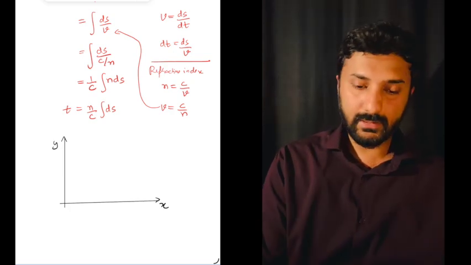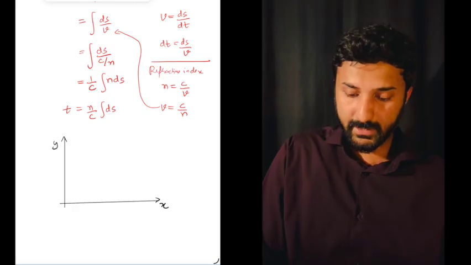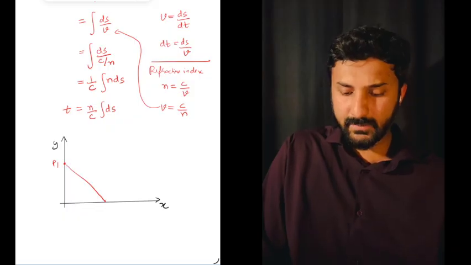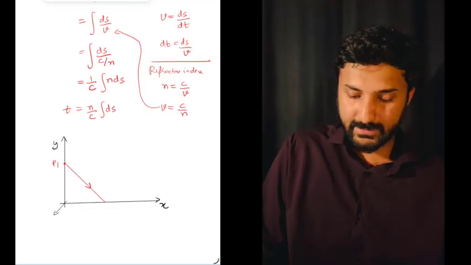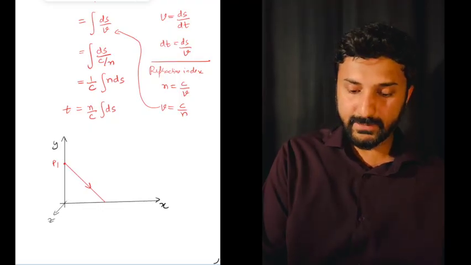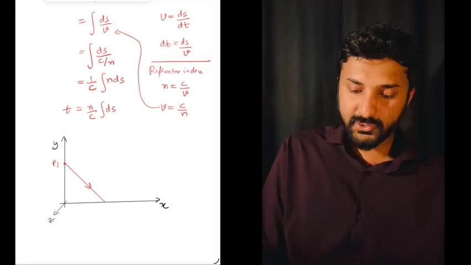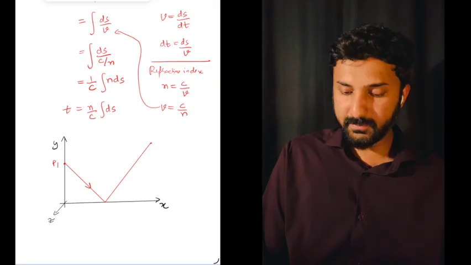And here, let us consider light coming in from some point P1. Let's say that point is on the y-axis, and it's coming in and hitting the xz plane. So you can imagine there is also the z-axis, and so it could be hitting this anywhere in the xz plane, but then it's going to bounce off and go to some other point P2.